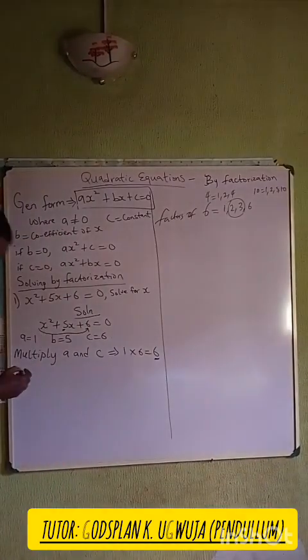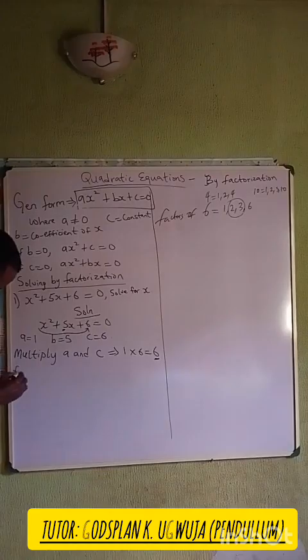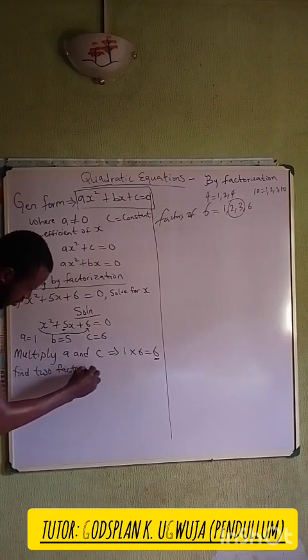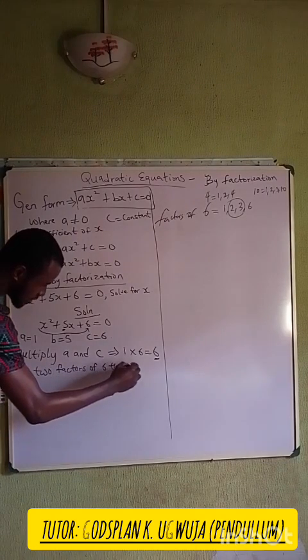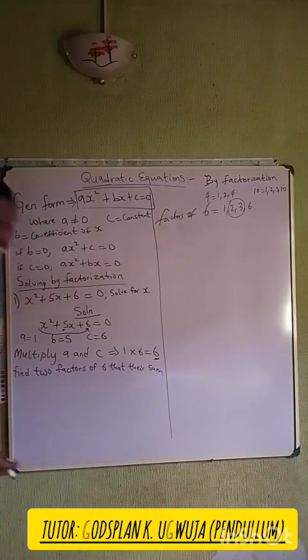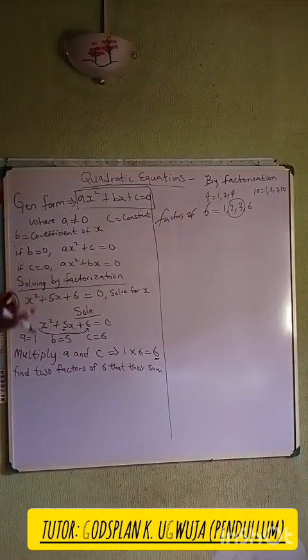Alright? So, let me write out the step. After you multiply A and C, you get 6. You find 2 factors of 6 that their sum, I hope you know what is sum. Sum means the addition of 2 things or 3 things or more, just the addition, that's sum.